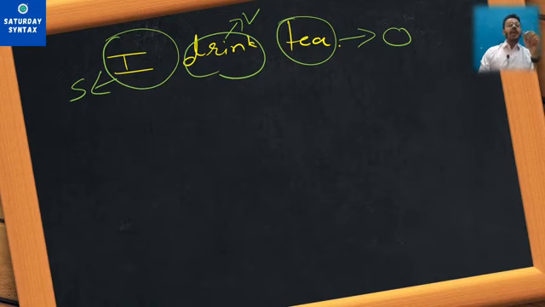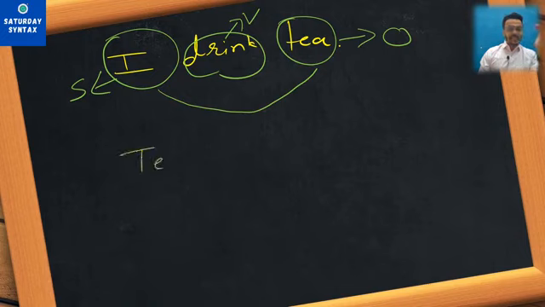Now, point number 2. What was point number 2? You need to shuffle S and O, subject and object. So subject becomes object, object becomes subject. What would be the construction of the sentence? You just need to replace S with O and O with S. So we will start the answer with tea, right? Tea will come first in your answer while making it passive voice.